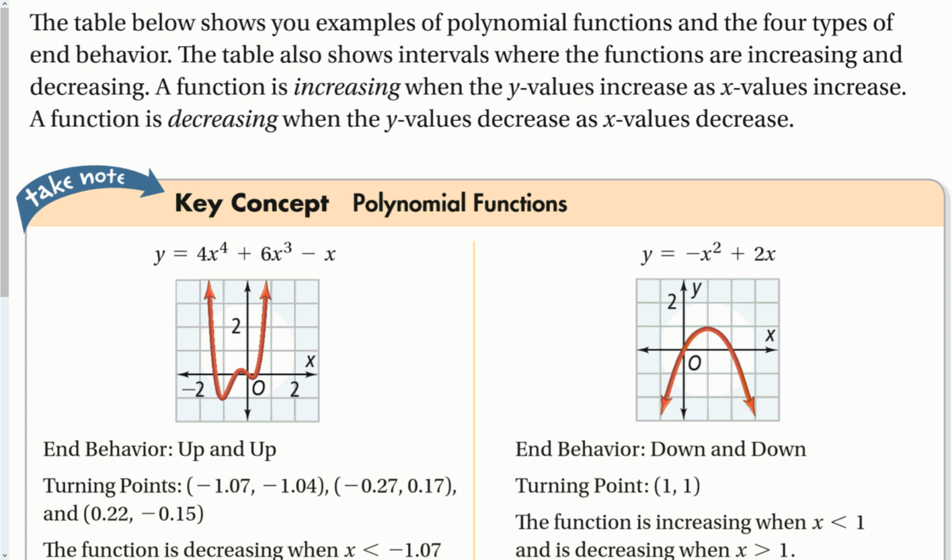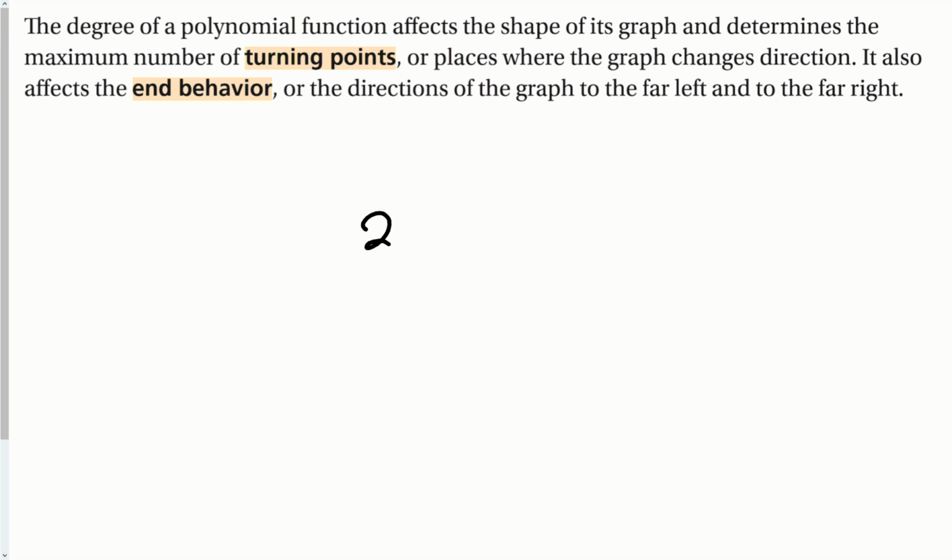So when we look at these different examples here on this table, it shows us examples of polynomial functions and the 4 types of end behavior, right? A polynomial graph, if we think about it, is this lead term right here. Again, let's just keep it simple. If I'm plugging in numbers for x, 3x plus 1, 3 times the number plus 1, these two terms are not really going to make my answer that much bigger.